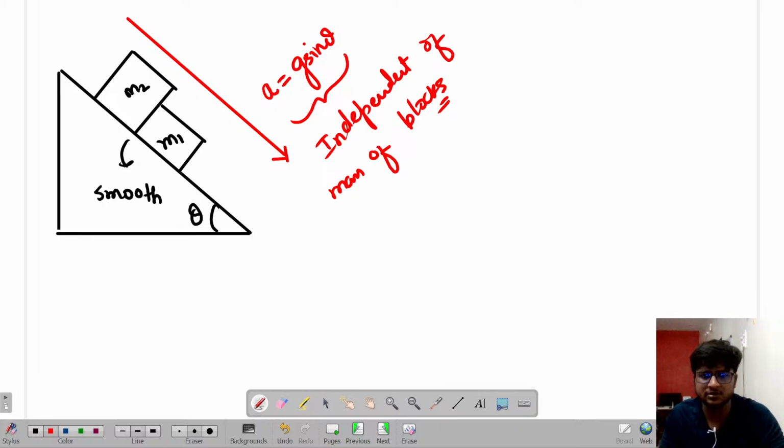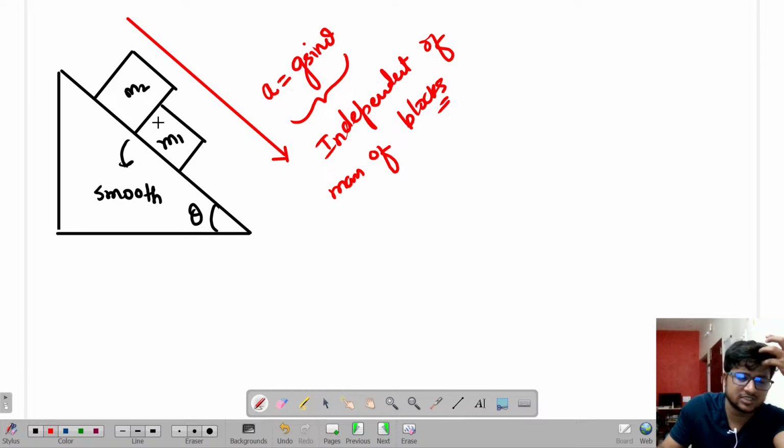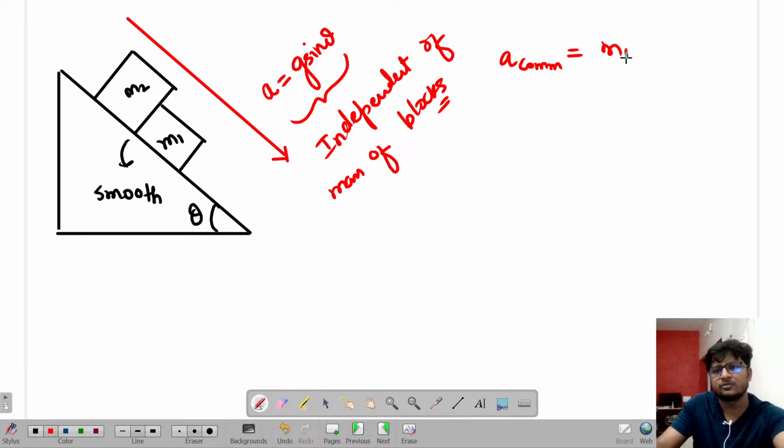Means acceleration on the inclined plane, you cannot find a common. Why? Because no one is pushing anyone. M2 is not pushing M1. Even if you think of a common, total pulling force is M1 g sin theta plus M2 g sin theta divided by M1 plus M2, since that many masses are moving.